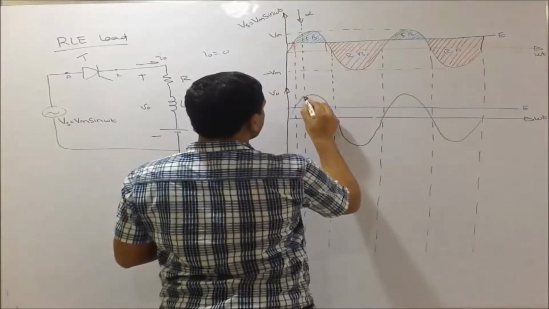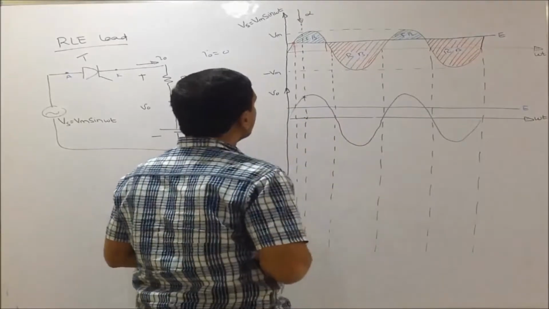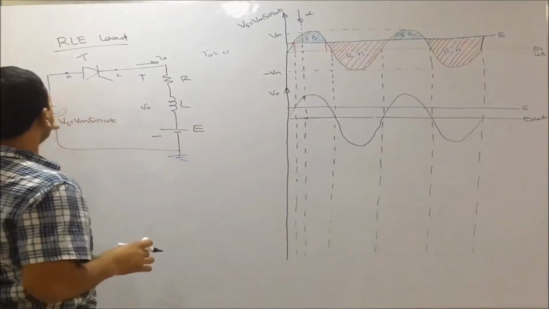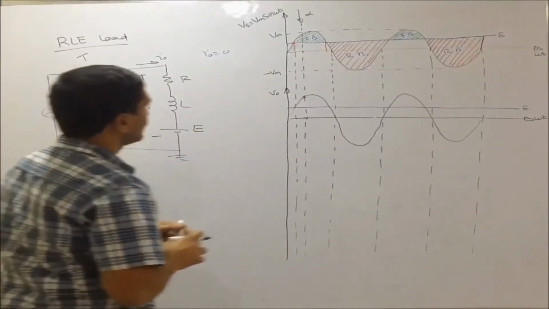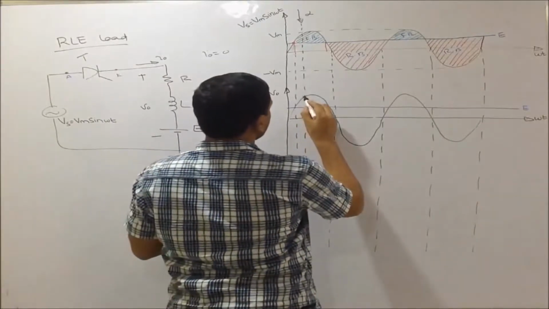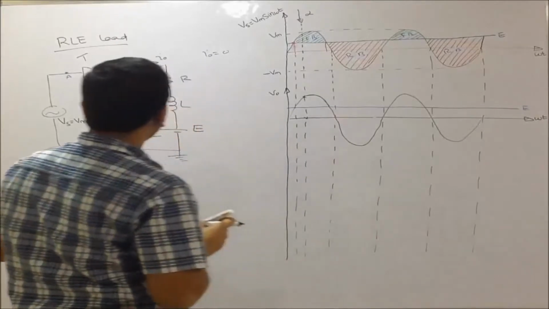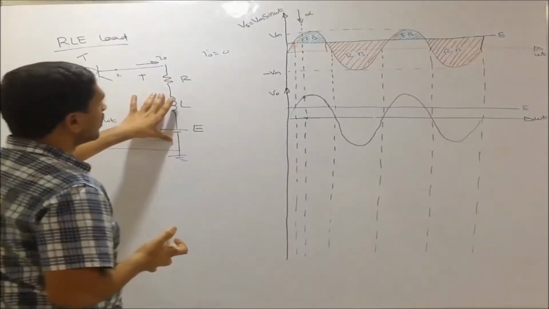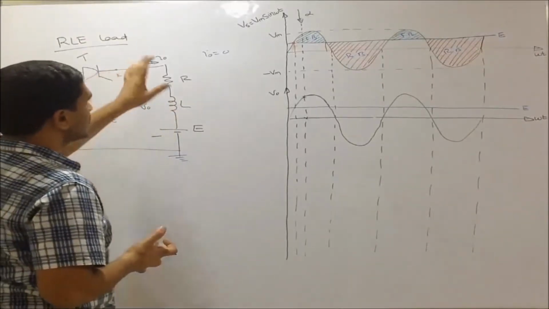So I have fired at this instant, omega t equal to alpha. Now, when I fire the SCR, the Vs is connected to V0. V0 is simply equal to Vs. So it goes. If this were to be just RE load, my conduction stops at alpha max that we have seen.